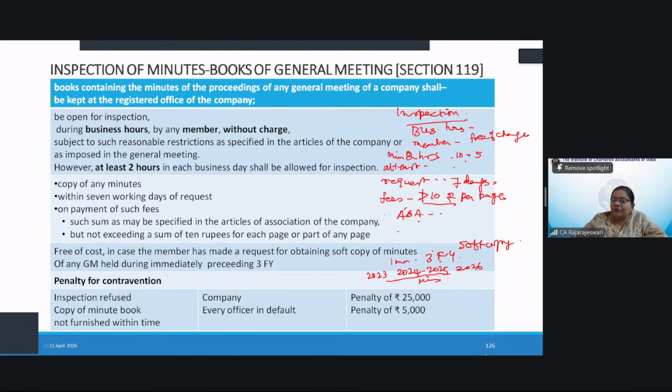So when you come across this time limit, you can remember it like this: daily 2 hours per day should be allowed for inspection. And when the member requests, within 7 days the company should provide the copy of those minutes. Of course, it can charge not exceeding 10 rupees per page or part thereof.